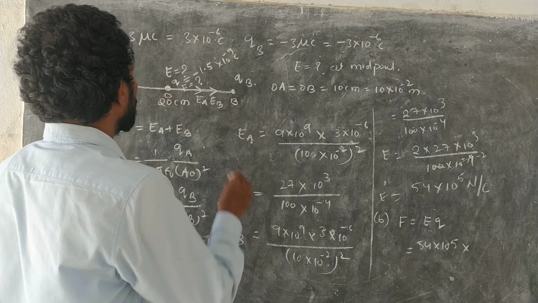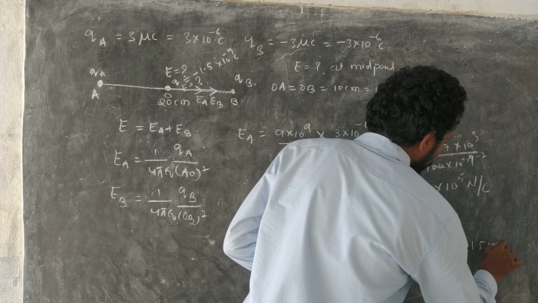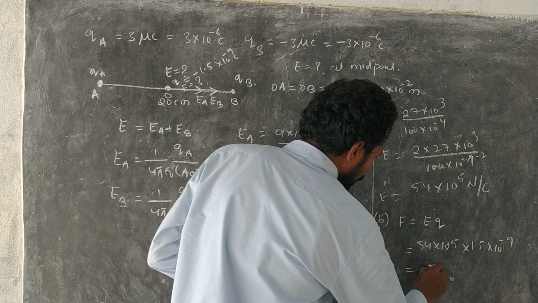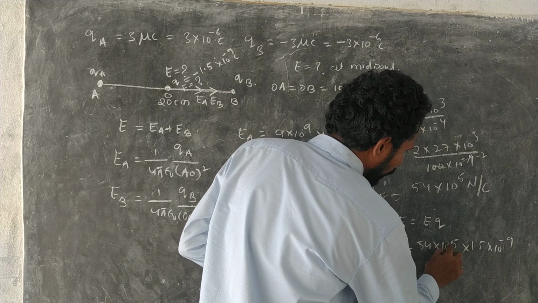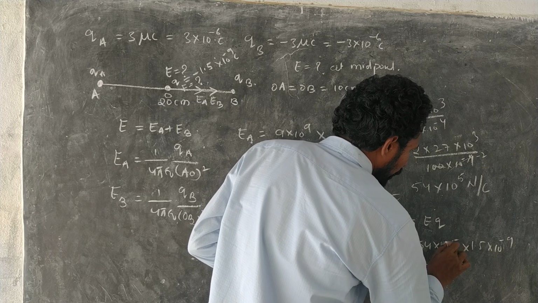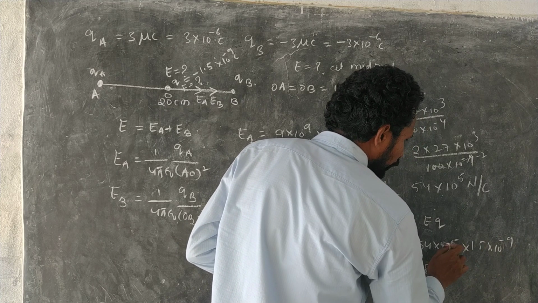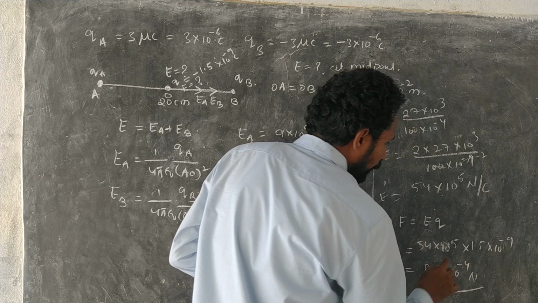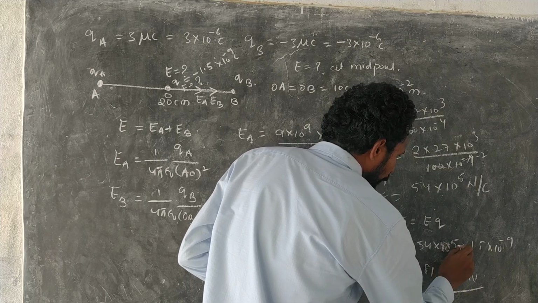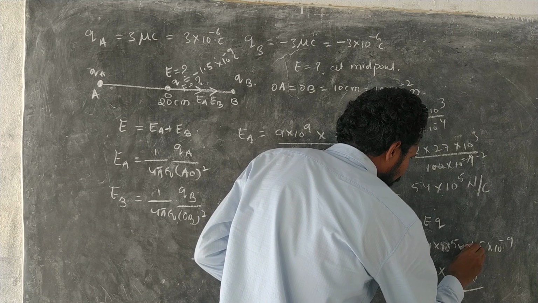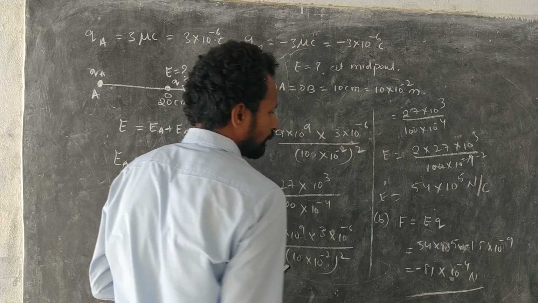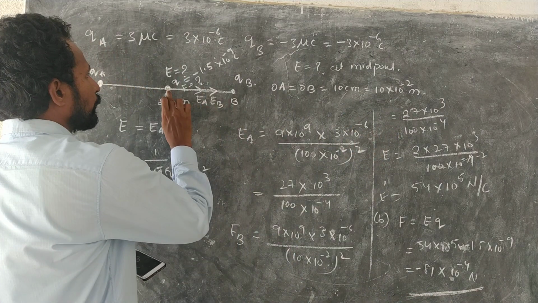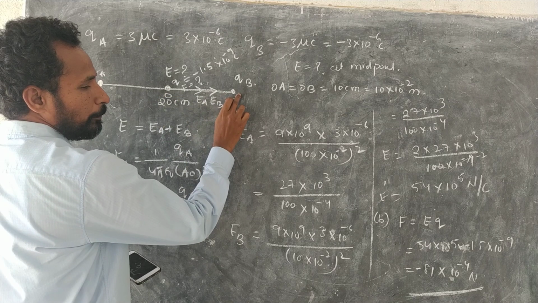The given charge is 1.5 into 10 power minus 9. 1.5 into 54 is 81 into 10 power 5 minus 9, that is 81 into 10 power minus 4 newtons. Since it is a negative charge, we take minus here. Minus means attractive. So this charge will be attracted towards B.